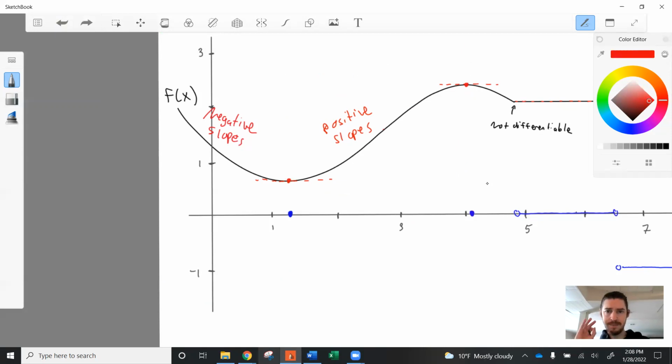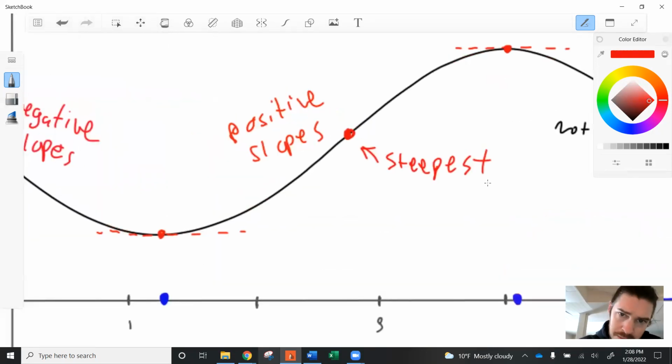I would say the point on the graph where it appears to have the steepest slope is going to be about here. Steepest. And I'm going to estimate the tangent line. About that, right?